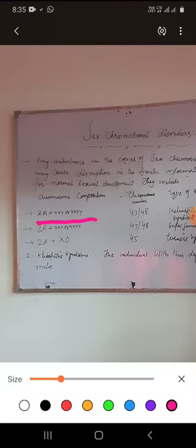There are various types of sex chromosomal disorders. We have to explain only two important types. Number one, Klinefelter syndrome.